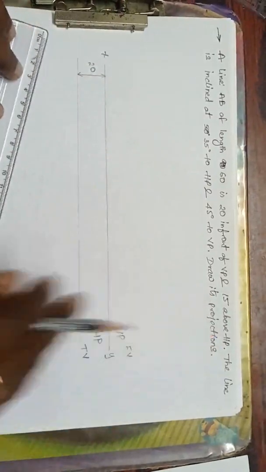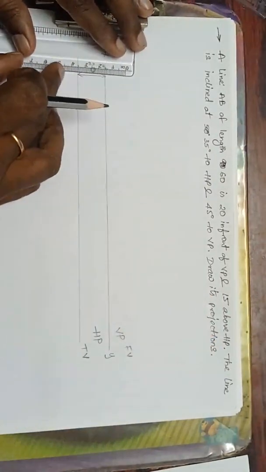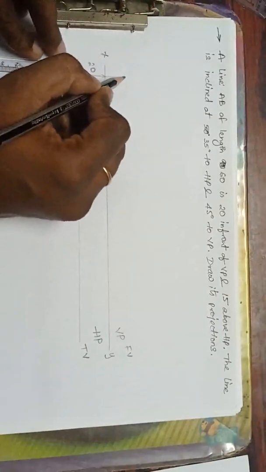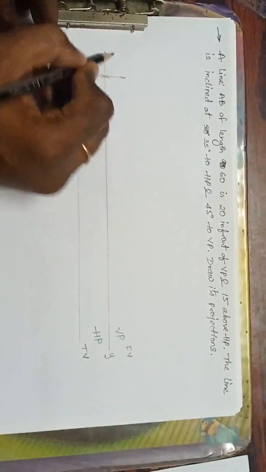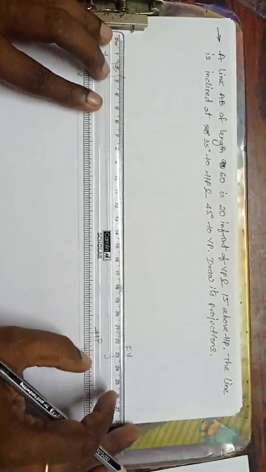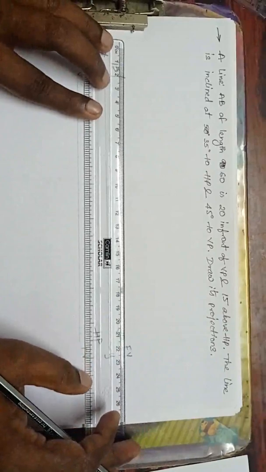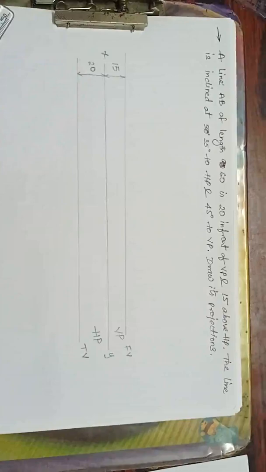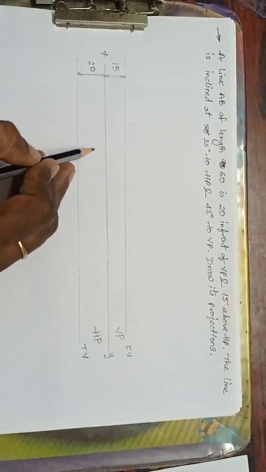And 15 above the HP, he said. So this is 15. So 15 and 20. Nothing will come in between the gaps.